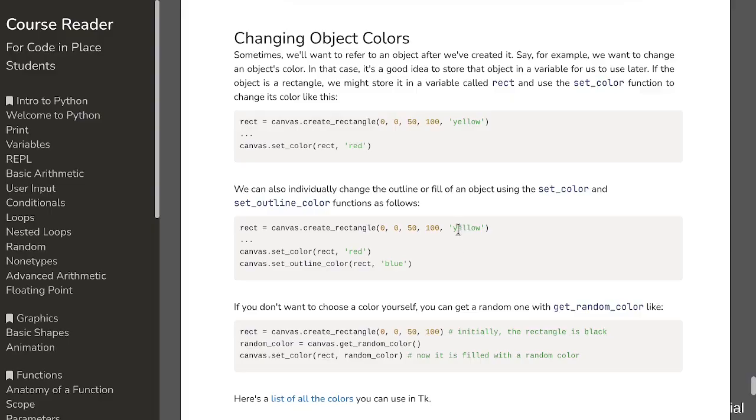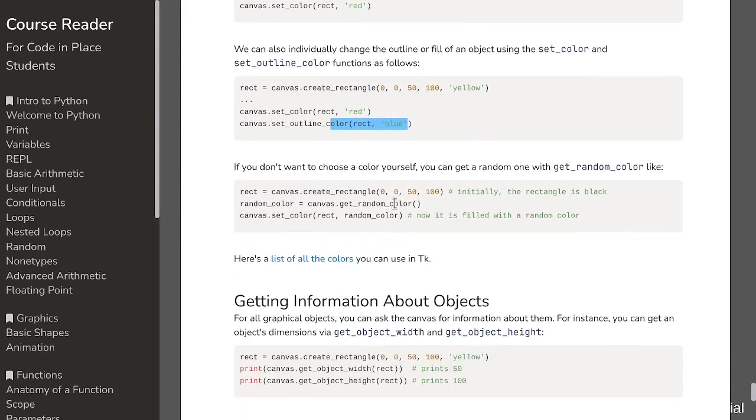If you want to create an outline color as well, after writing yellow, we can write black after a comma, and it will give us an outline of the rectangle. Over here we are setting the color to red, and over here we are setting the outline color to blue, and these are valid things that you can do with your rectangle.